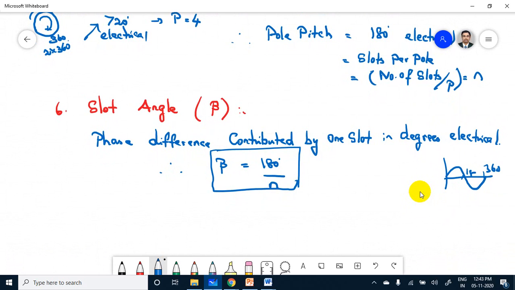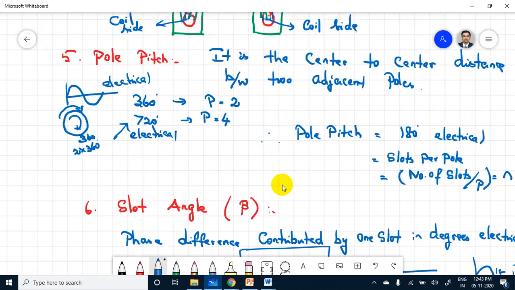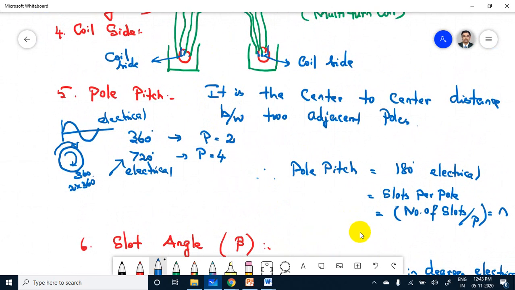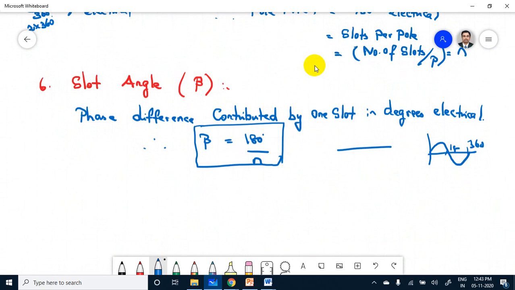If there are two slots, they are connected, right? You see the diagram. These two slots: one slot you can mark as E1. Slot means conductor.